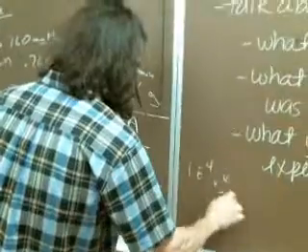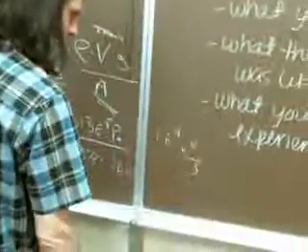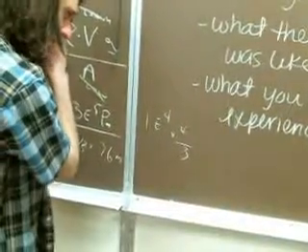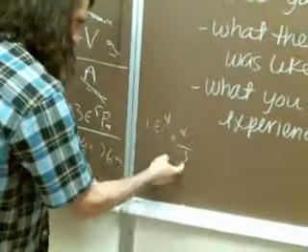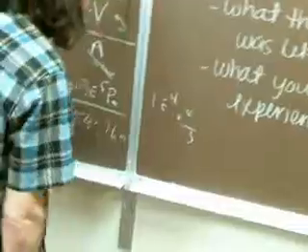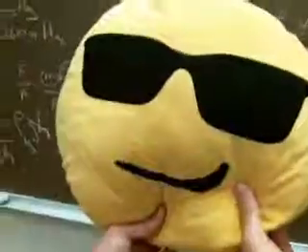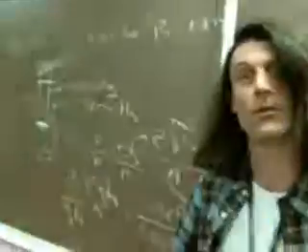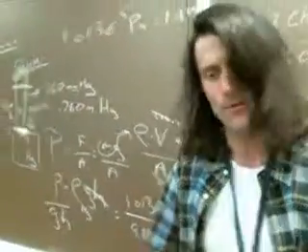1e4 times 4/3. That's 4e4 divided by 3. It's a little less than 4, right? 4e4 times 10 to the 3rd, which, I don't know, magic box. Darn it, if I only had a magic box, perhaps I could do this equation all at once.